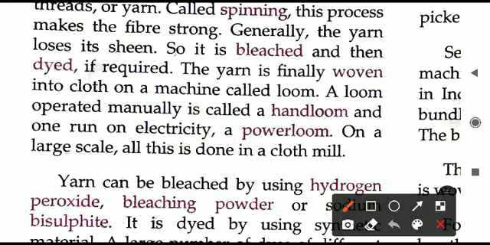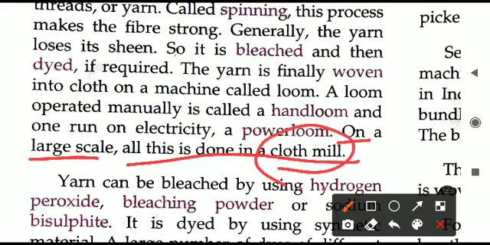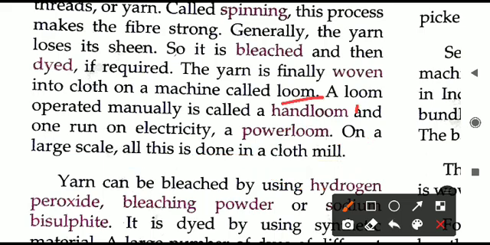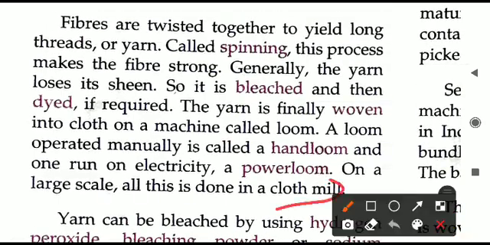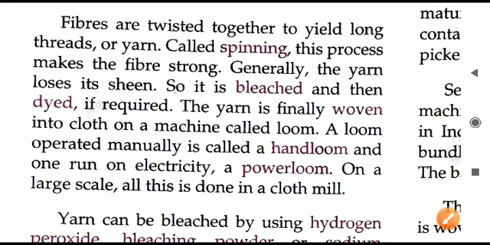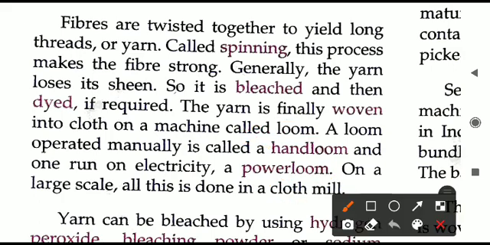So on the large scale, all these things will be happening in a cloth mill. A cloth mill has this type of loom, maybe hand loom or it can be power loom. These days power loom is more common. Using the loom, we can convert the yarn into the particular cloth. Again, I will repeat here.